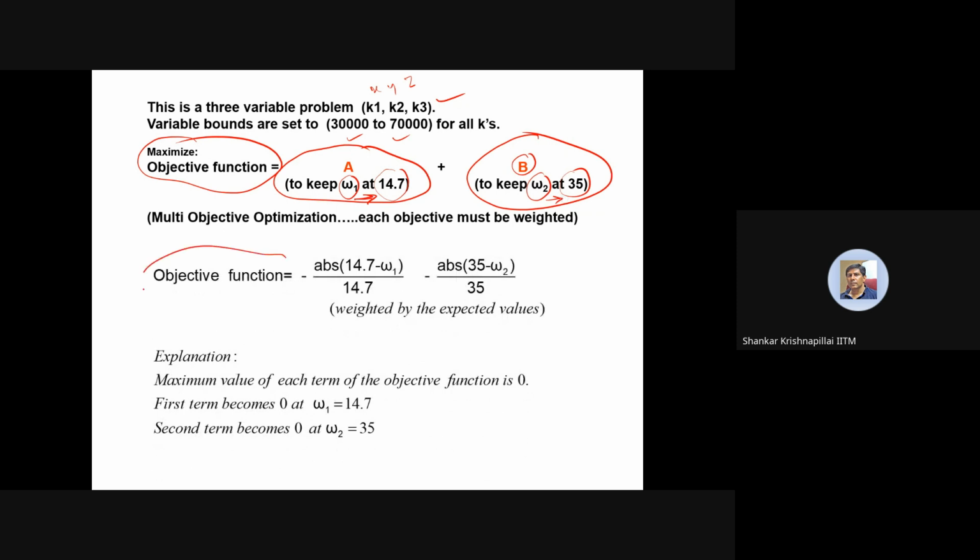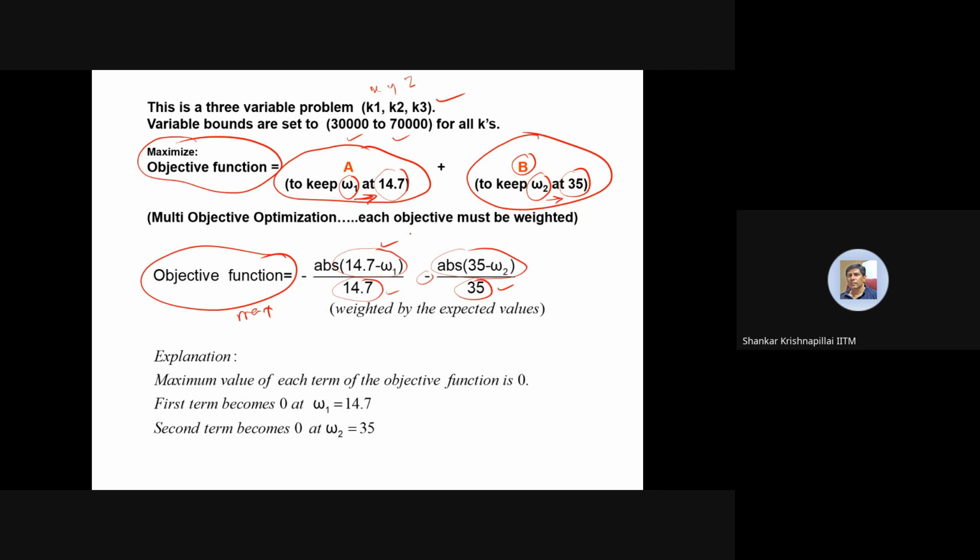It is written like this: maximize the negative of the absolute value of 14.7 minus omega 1, minus the absolute value of 35 minus omega 2. The denominators are weighting values to maintain the same relative values.